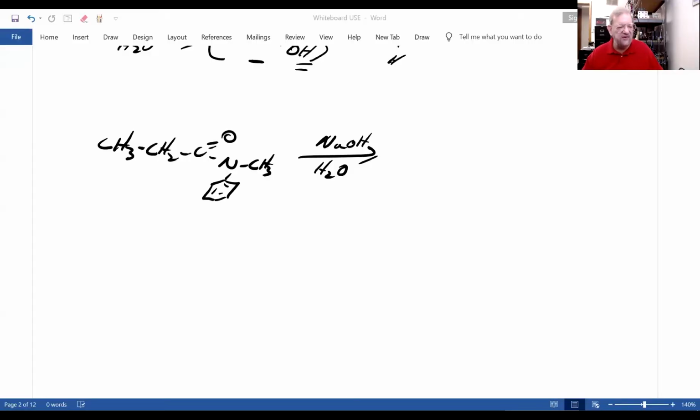And if we look at this, what's different? Carbonyl with a nitrogen. This is an amide.